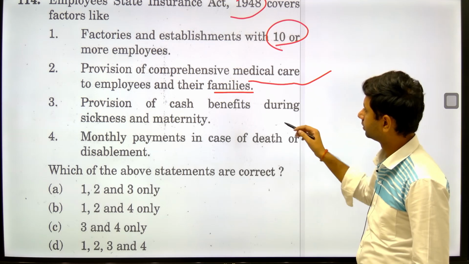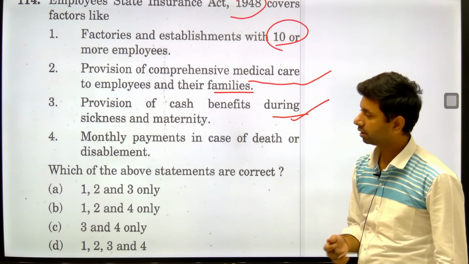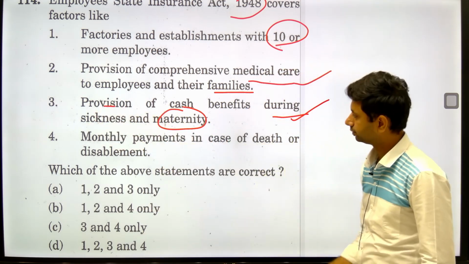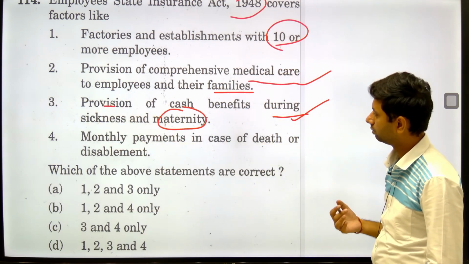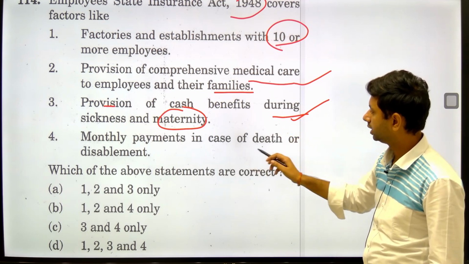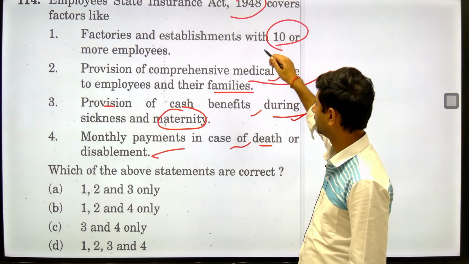It should be correct. Provision of cash benefits during sickness and maternity. It should be correct because these things are contingency under that warrants social security, monthly payment in case of death or disablement. So all options are correct.